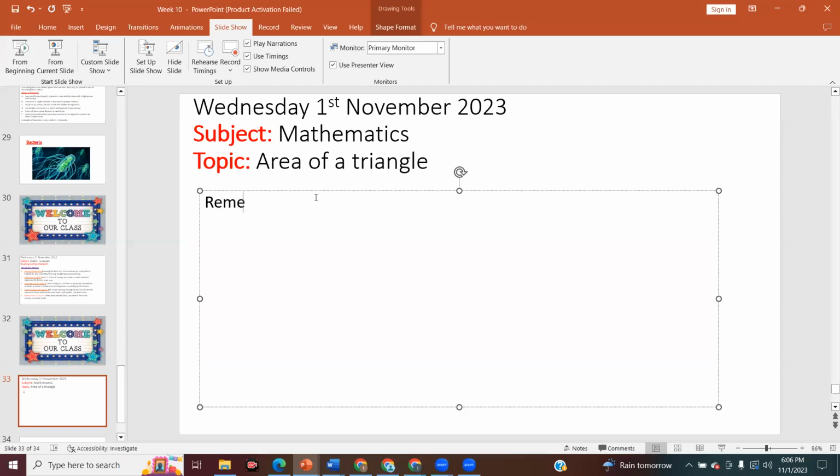Remember that the area of a shape is the space inside of the two-dimensional shape. Okay?